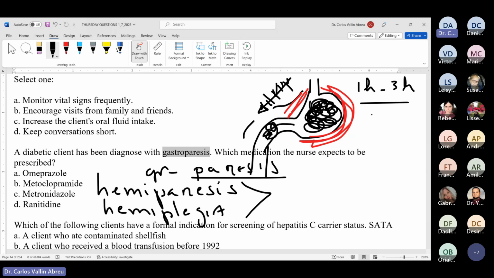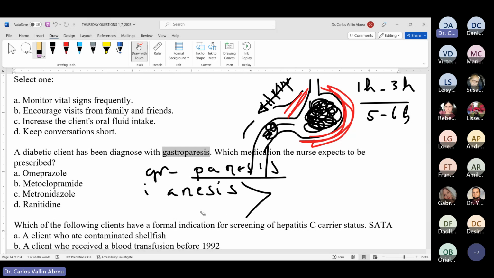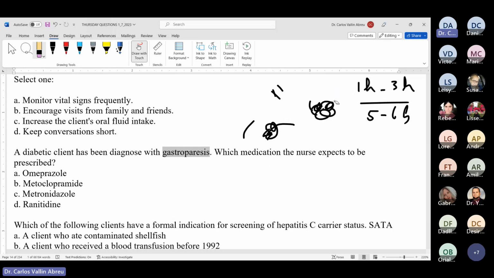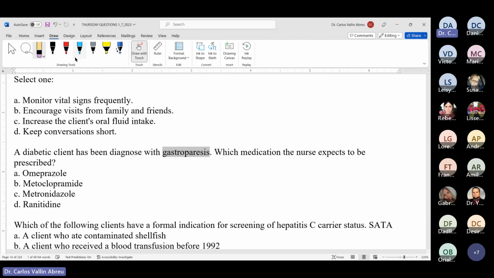So the patient ate 5, 6 hours ago and still has food in the stomach. This is called gastroparesis. Okay, so that's it. It is very frequent in diabetic clients. If the client were having a nasogastric tube, then you would be finding an increased residual when you check for residual.